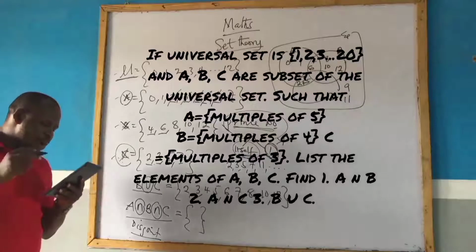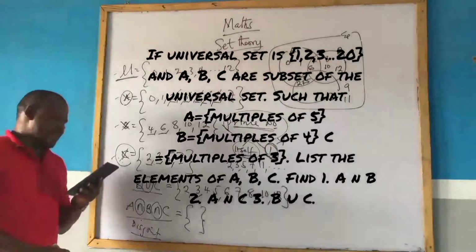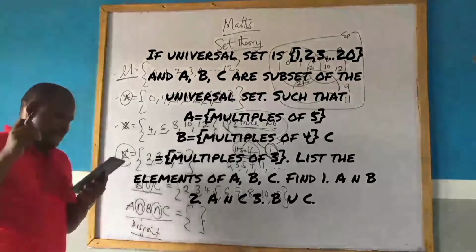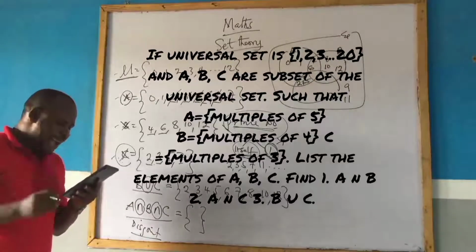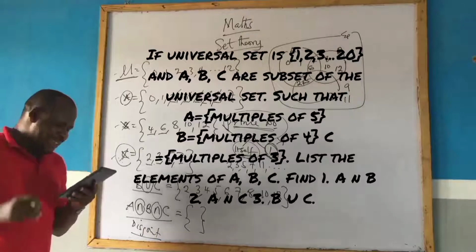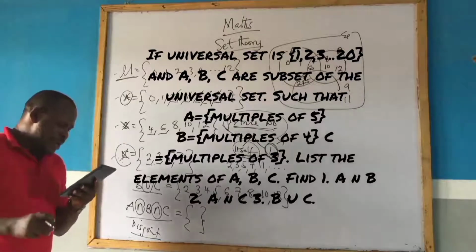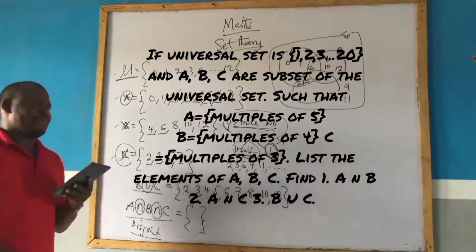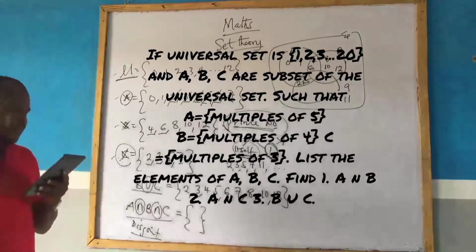List the elements of A, B, and C. That's the first question. Then part B of the question. Find A intersection B, Roman figure 2. A intersection C, Roman figure 3. B union C.